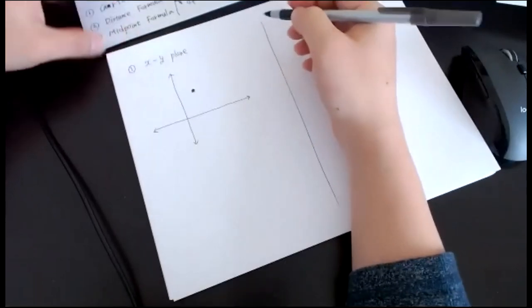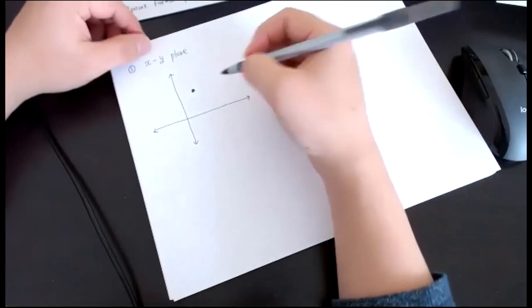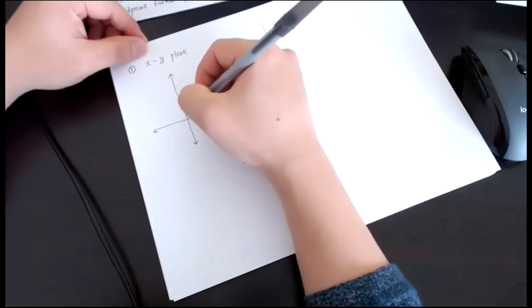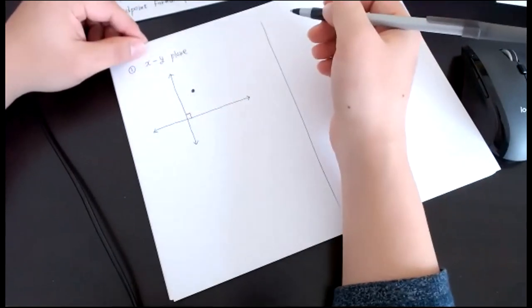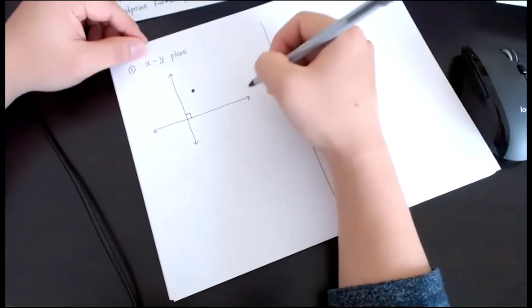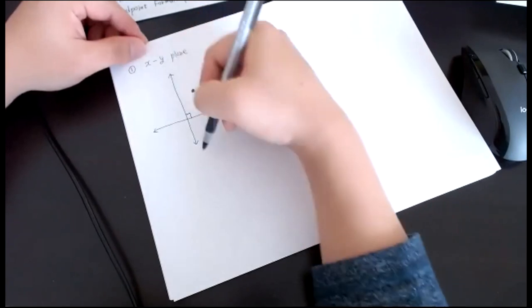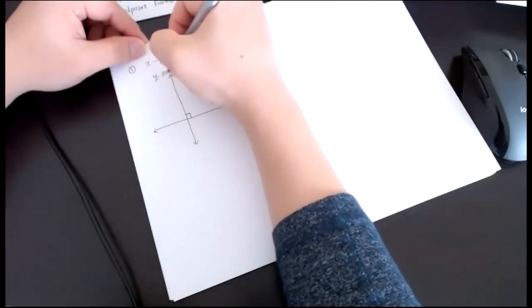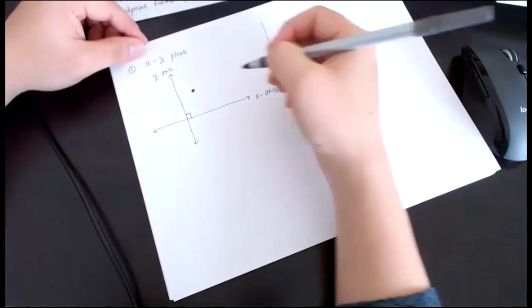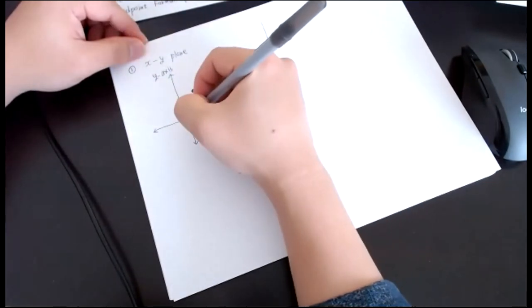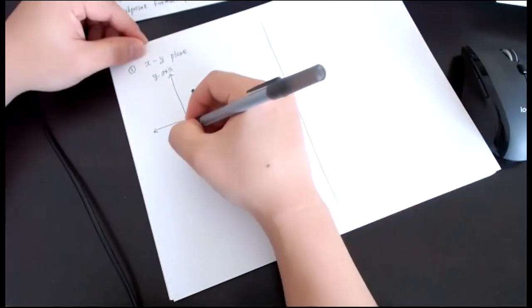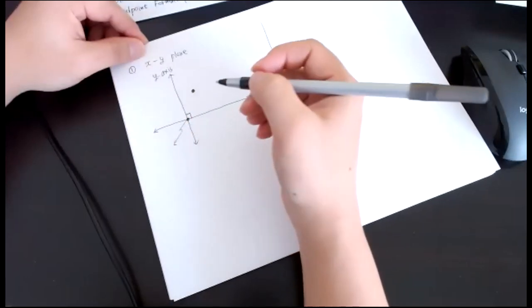I know most of you already know this, but 2 number lines cross at a right angle. The horizontal number line is called the x-axis. The vertical number line is called the y-axis. The intersection point is called the origin.